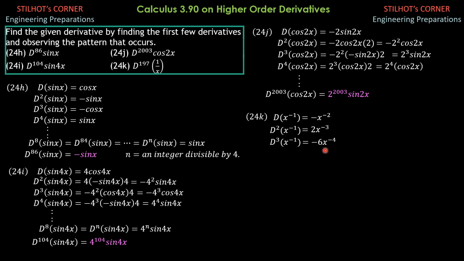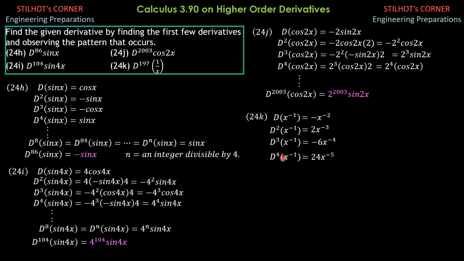And we note that 6 is 3 factorial, so this is written as negative 3 factorial x to the negative of quantity 3 plus 1. So there's now a pattern. The fourth derivative is positive 24 x to the negative 5, and 24 is also 4 factorial, and x to the negative of quantity n plus 1.